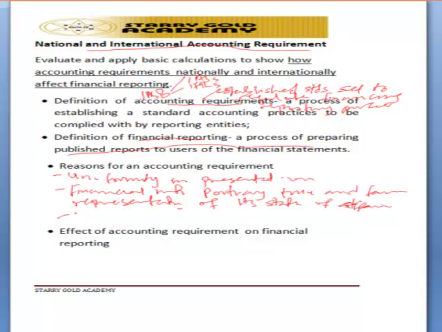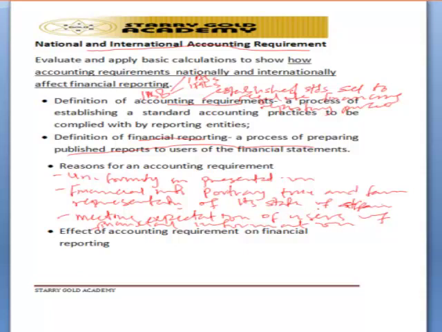Another reason that we might likely talk about is what we call meeting expectation. Meeting what? Expectation of users. Meeting expectation of users of financial information. Now, a financial statement on its own does not provide a solution.